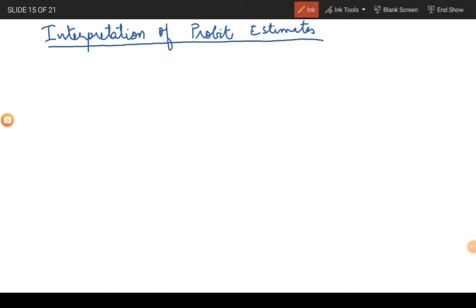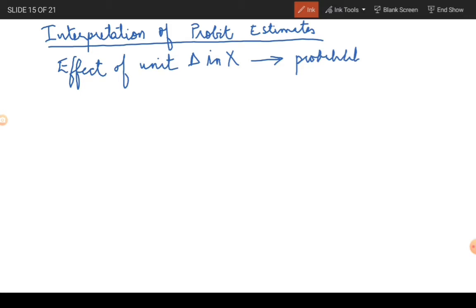Now let's have a look at how we will interpret the Probit estimates. That is, once we have run a grouped Probit model and we get the results, how do we interpret them? Well, the main thing that we always want to find out would be the effect of a unit change in X: how does it impact the probability that y will be equal to 1.